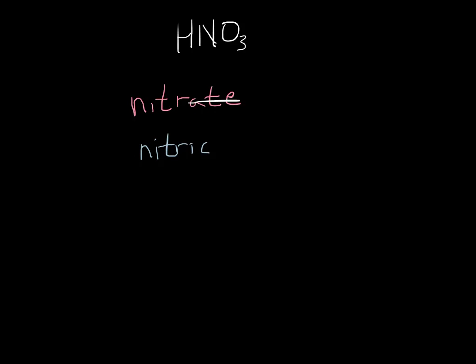Now we don't just call this molecule nitric. We have to put that acid word at the end, so we recognize it as nitric acid. So for an oxy acid, identify the polyatomic ion as nitrate, drop the ate, turn it to ic, and so it's nitric acid.